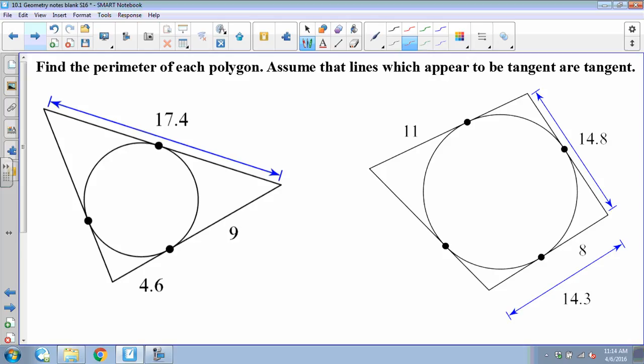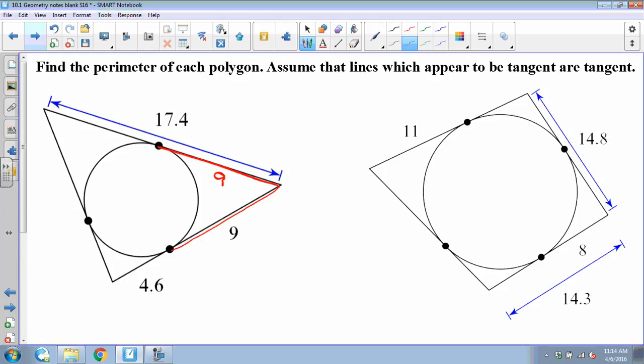So 9 over 13.6 equals. No. Come on, people. And 17.4 minus 9, and then you have 9. No, 17.4 is not related to 9 at all. Oh, yes, it is. Because if this is 9, what's this?